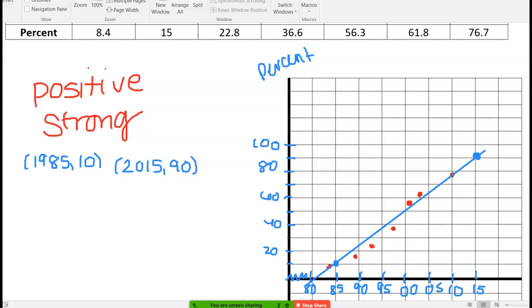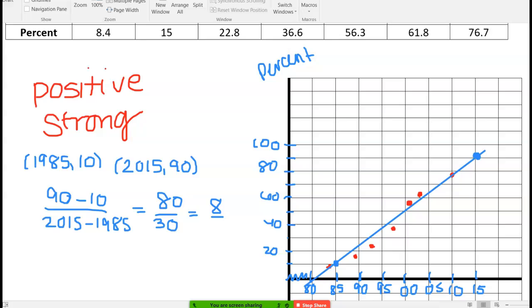So then 90 minus 10 over 2015 minus 1985 gives 80 over 30, or 8/3. So then my equation is y minus 10 equals 8/3 times x minus 1985.